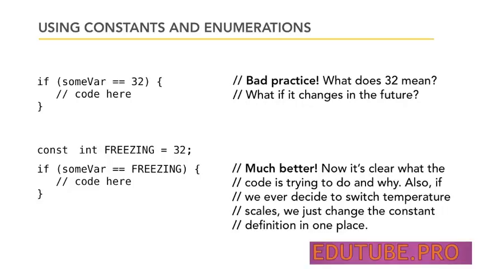That's the freezing point of water. The freezing point of water is very unlikely to change in the future, so therefore I define a constant for it. So if I want to change this constant to something else in the future, I just do it in one place, and the rest of my code just picks up the change, and people reading my code in the future know what that means.